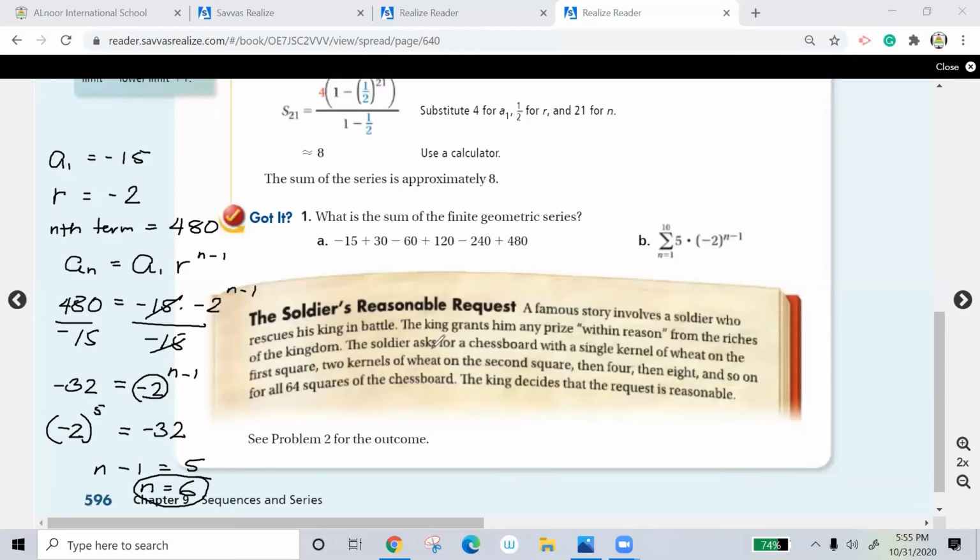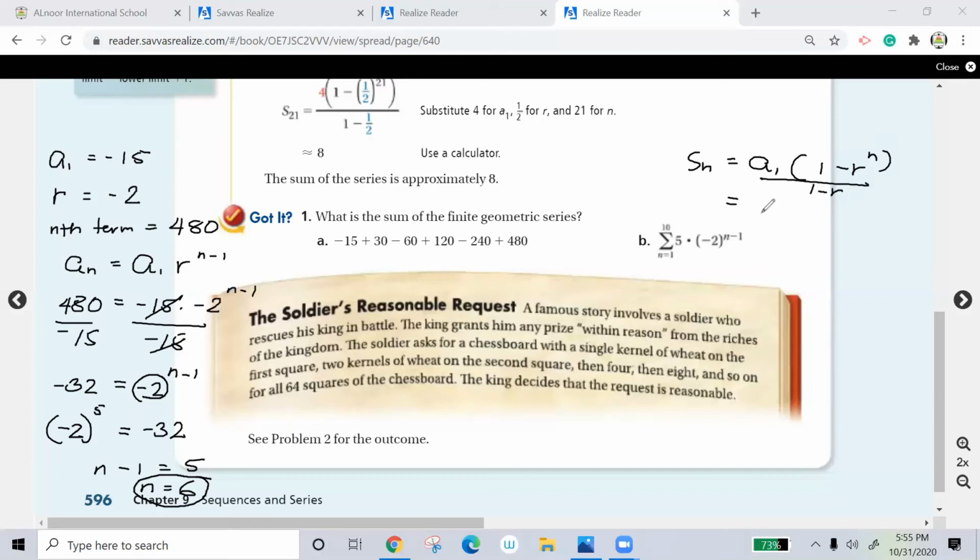Okay, next. So we are done with the explicit formula. Now it's time to use the sum formula. So S sub n is equal to A sub 1 times 1 minus R raised to n, all over 1 minus R. Okay, next.